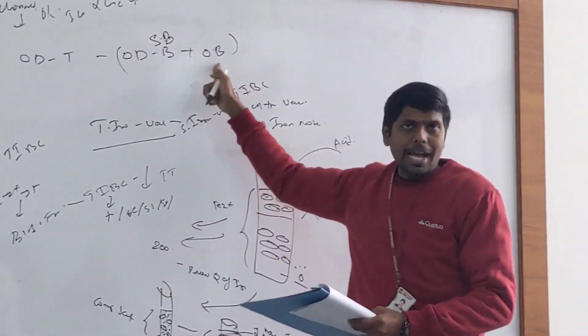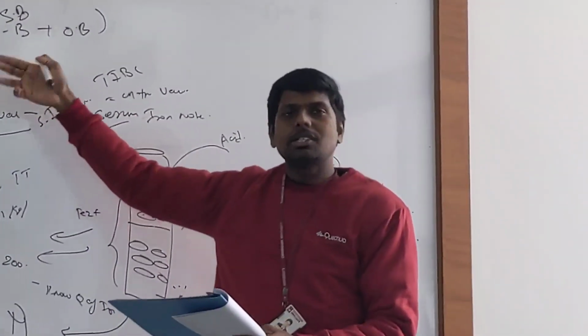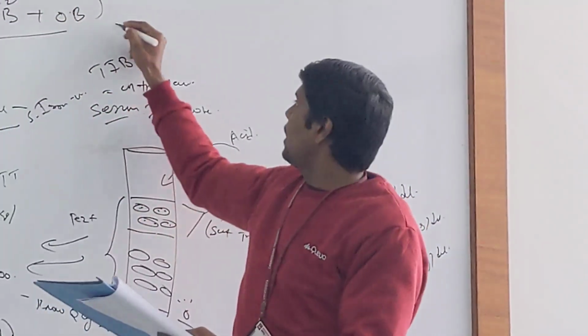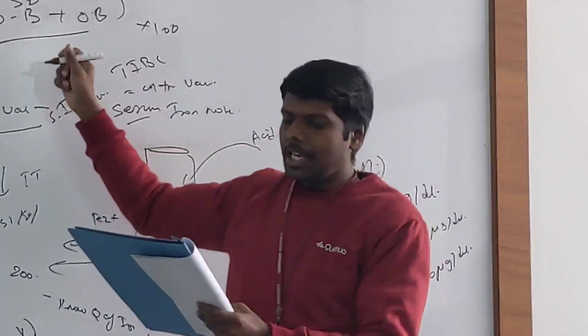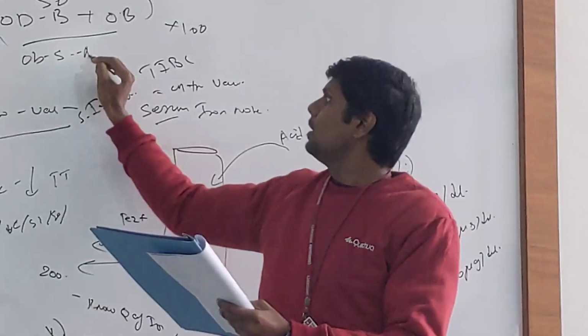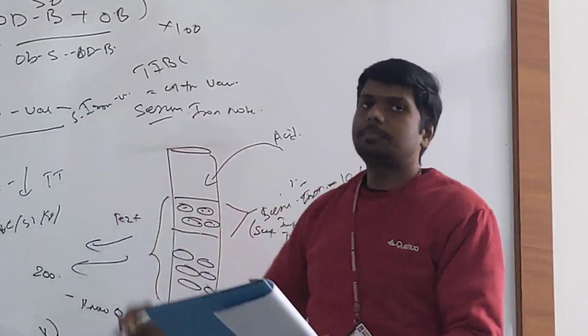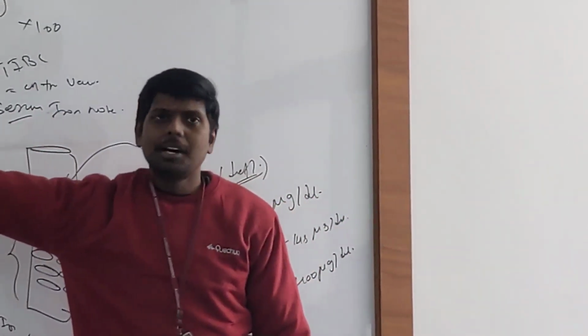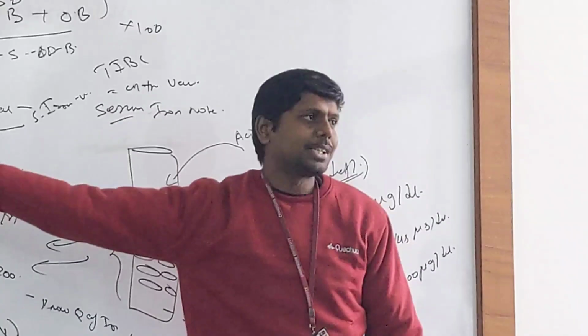Water blank is blank. Standard blank is the standard actually. This will give me the total iron binding capacity.